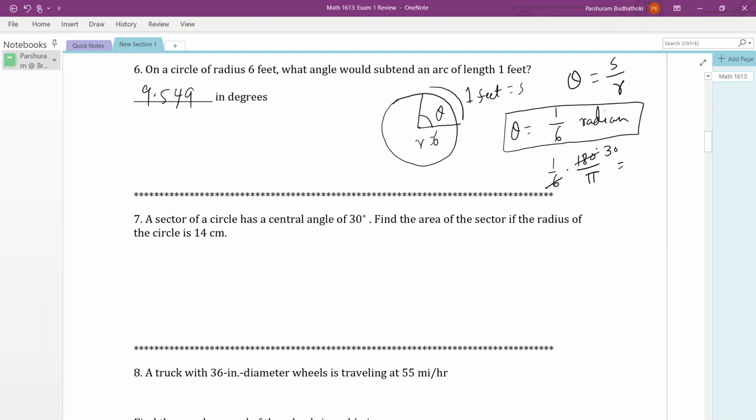Problem 7. A sector of a circle has a central angle of 30 degrees. Find the area of the sector if the radius of the circle is 14 centimeters.